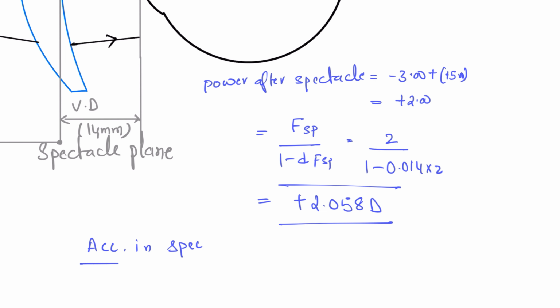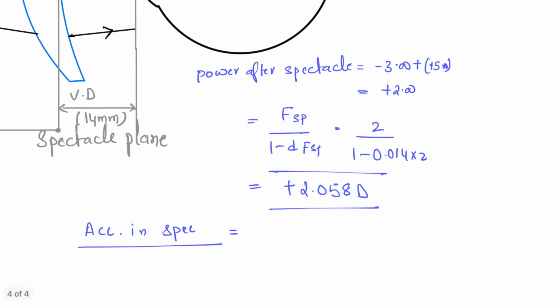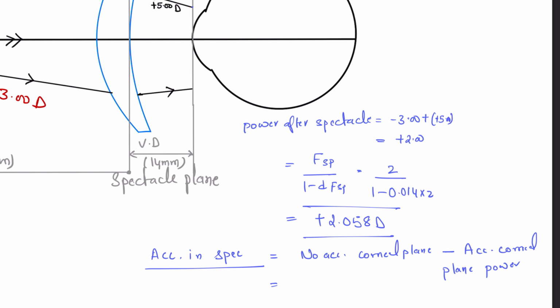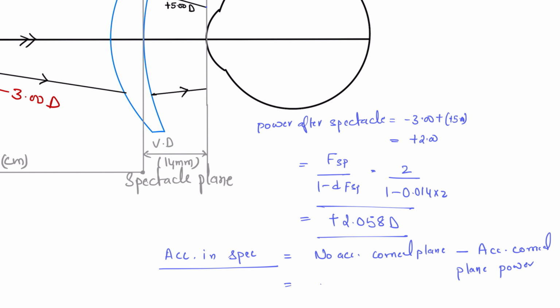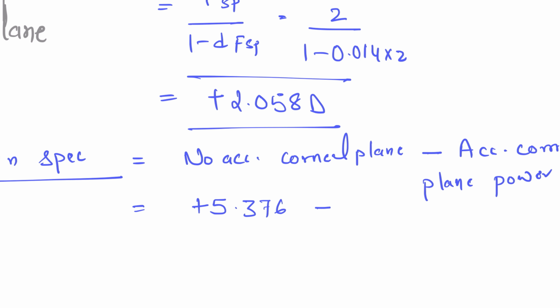We can easily calculate accommodation in spectacle lens, which will be given by: when there is no accommodation, what is the corneal plane power, and we deduct from it when there is accommodation, what is the corneal plane power, which we have already calculated. So when there is no accommodation, the corneal plane power is 5.376, and when there is accommodation, the corneal plane power is 2.058. Accommodation is the difference of these two, which will be equal to 3.32 diopter.